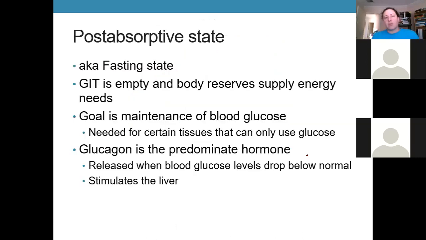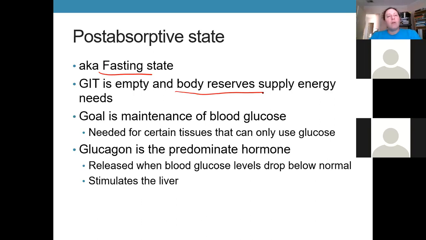Once we're done absorbing that meal and the small intestine is empty, we now enter the post-absorptive state. This is also called the fasting state because now we don't have nutrients coming from the intestines. And that means that in order to continue to make ATP, we need to tap our body reserves to meet our energy needs.